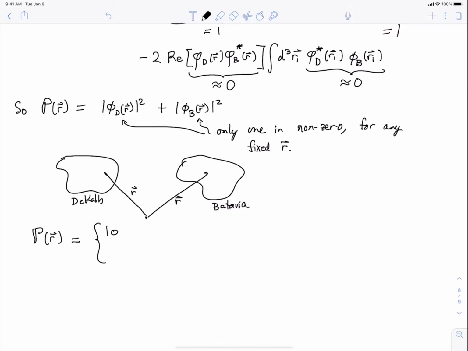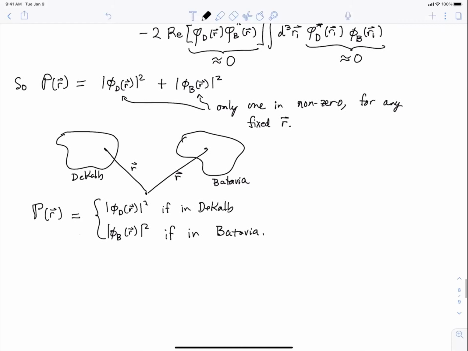So it's either phi DeKalb squared if in DeKalb, because then the other one doesn't contribute, or it's phi Batavia squared if in Batavia. And wherever I am, I don't have to worry about the other term because it's just 0. Okay, so the problem decouples into separate ones.